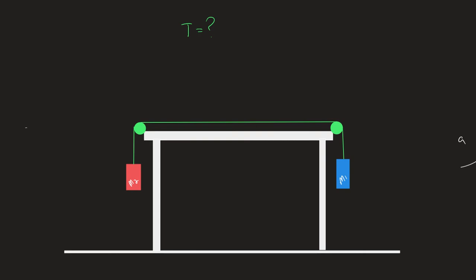I want you to think of something for me, because it's going to come up. If for a moment both of the boxes were the same mass, and I said the system is at rest, I'm hanging two boxes, one on each side. What would the tension in the cable be now?